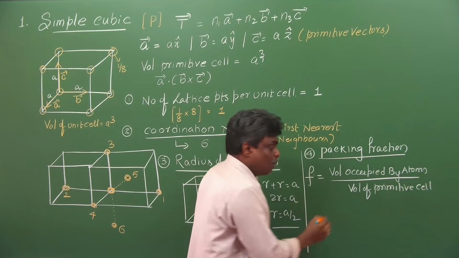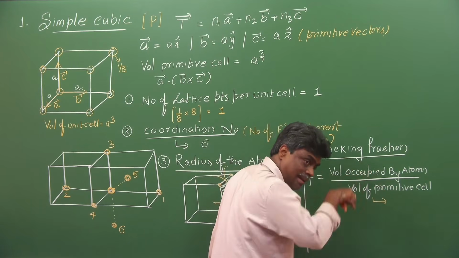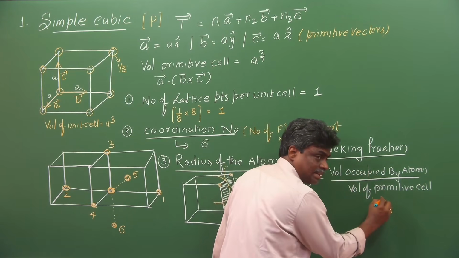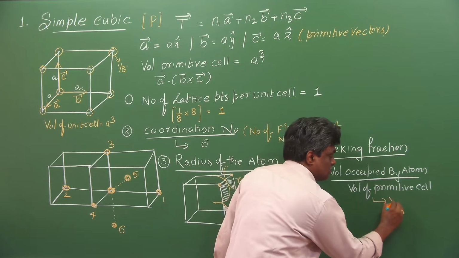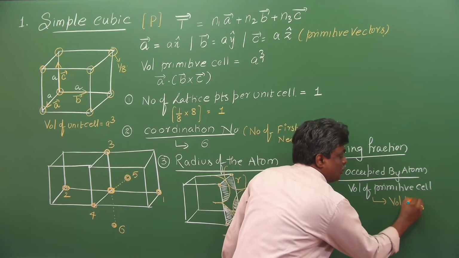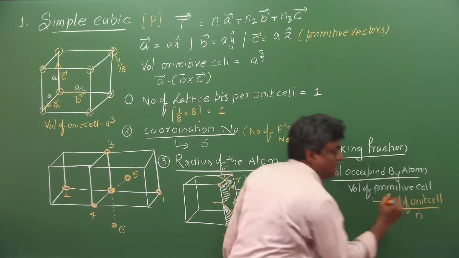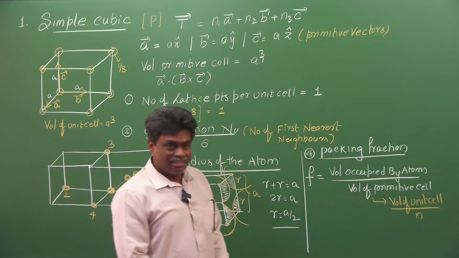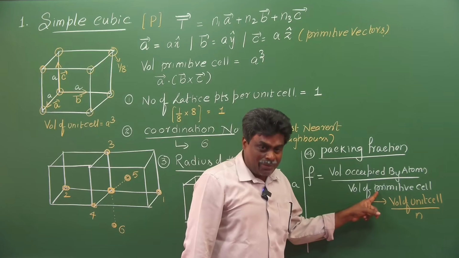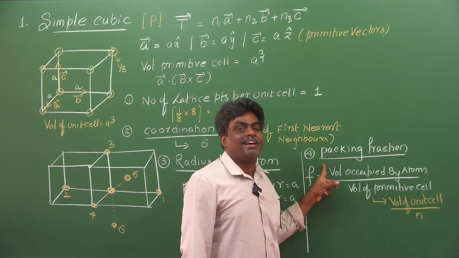Remember, volume of primitive cell is always equal to, are you listening? Volume of unit cell by number of atoms per unit cell. If you take this and substitute here, what you will get? N in the numerator.